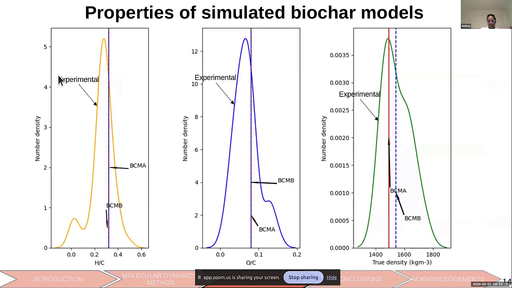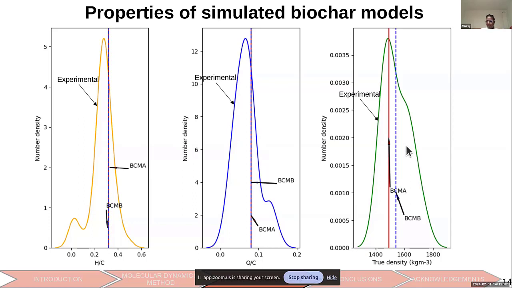After we've consolidated those two models, we map them onto the distribution curve of the data we collected from experiment, and we're able to see that what we've had is within the range of the experimental values we collected, which is not bad.